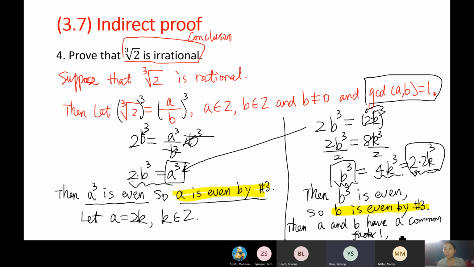Well, I'm out of space here. So this is contrary to gcd(a, b) equals 1. Okay, when you get a contradiction, that's when you can stop and say, okay, that's irrational. All right. Questions?